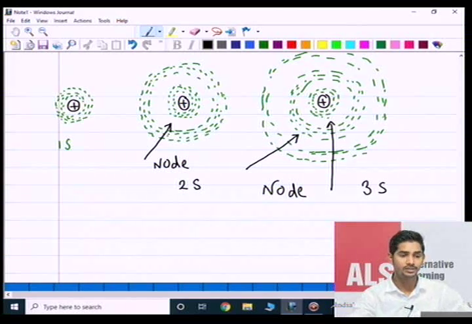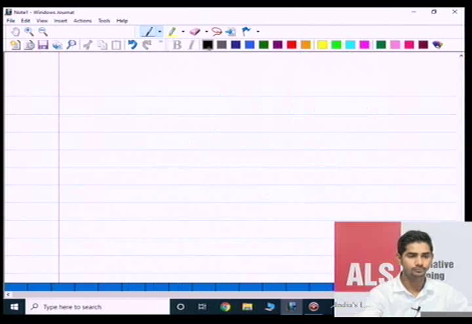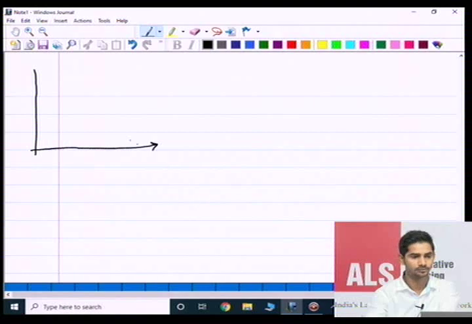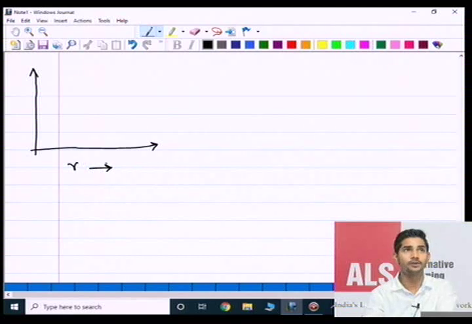Guys, you have to remember these graphs as well. First of all, look at the screen. This is for 1s. R is the internuclear distance, meaning distance from the nucleus, and this is psi.